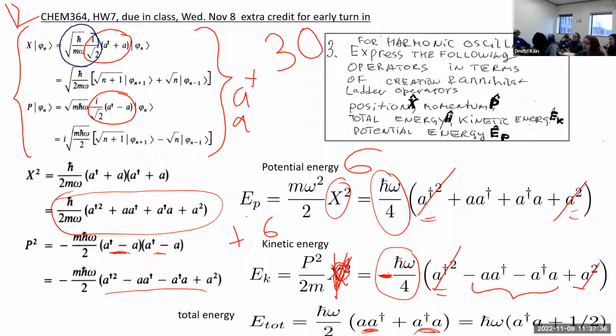If someone gets to this point, it's already full credit, and maybe extra credit if one can get to this 1/2, which is obtained by practicing anti-commutation.